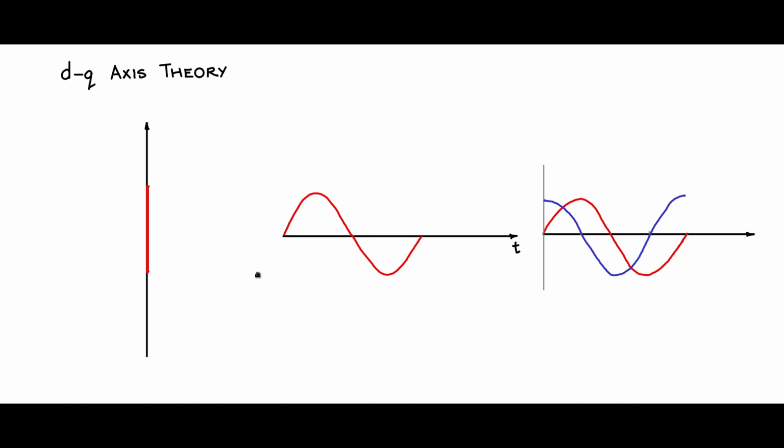Now I will draw another orthogonal axis like this. I will still not give this also a name, I will give that later, but it is an orthogonal axis.